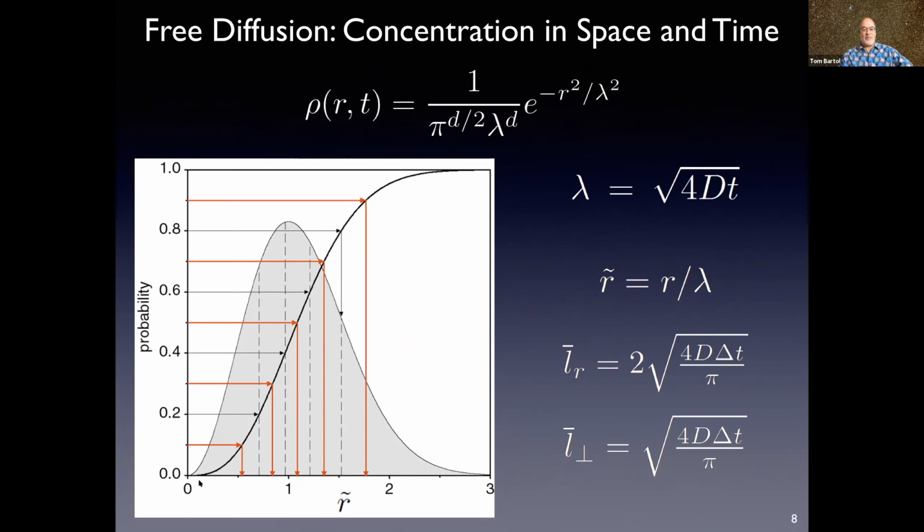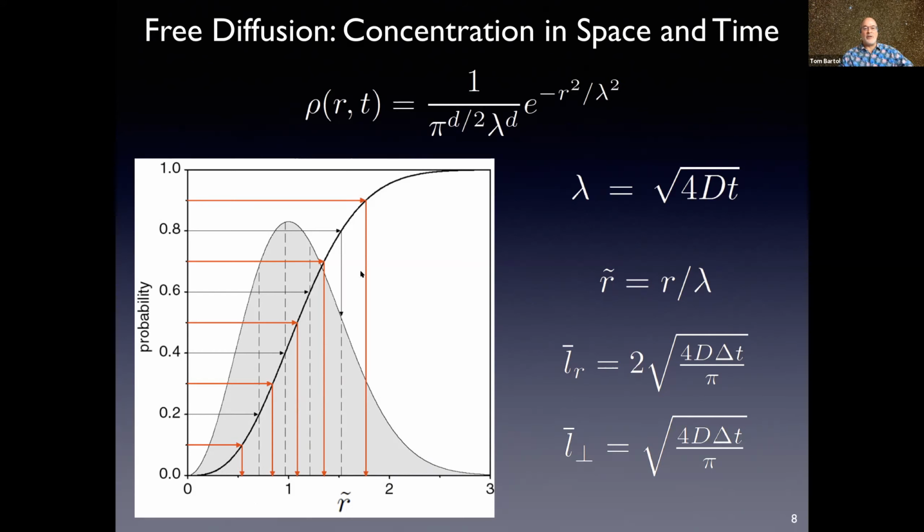What we get is this density function that looks like this light gray curve here. And r tilde is the dimensionless radius factor. It's dimensionless because radius is a length and lambda is a length. So r tilde is a dimensionless radius.